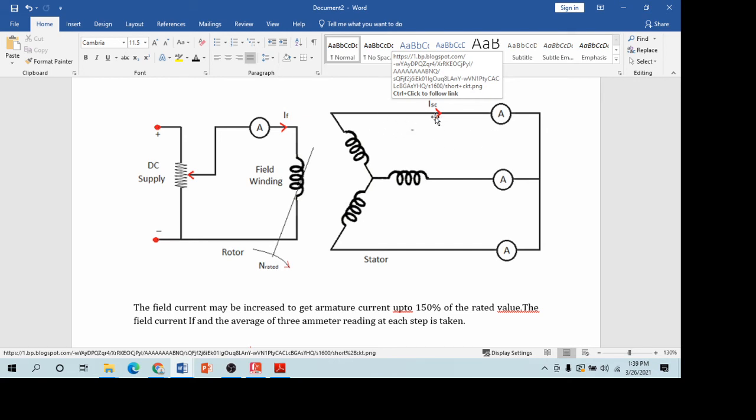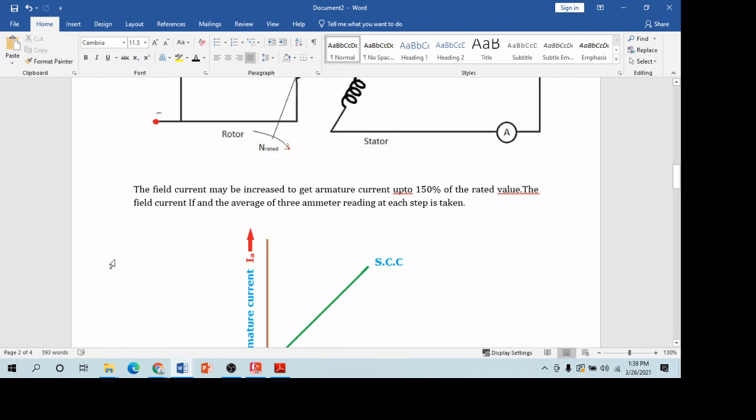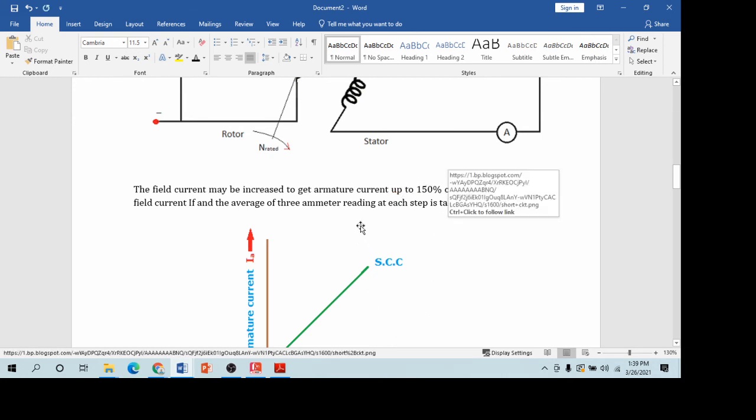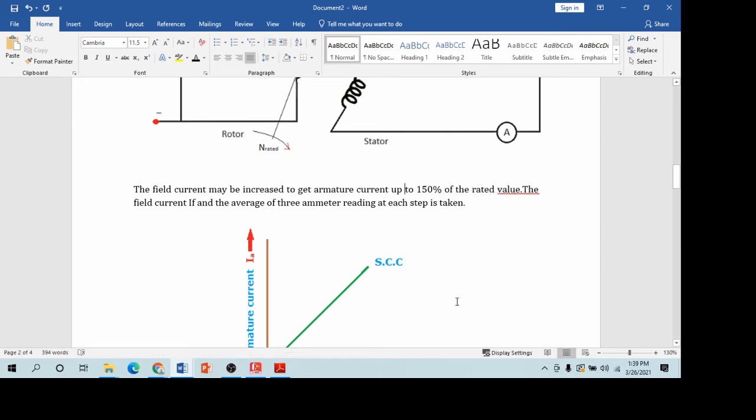So here we have the short circuit current, which is equal to ISC, the same also here and here. The field current may be increased to get the armature current up to 150% of the rated value.